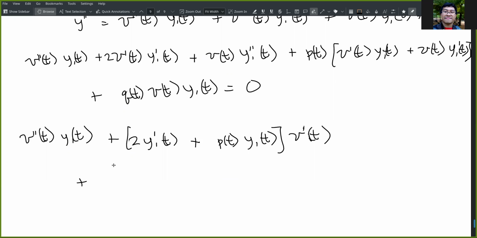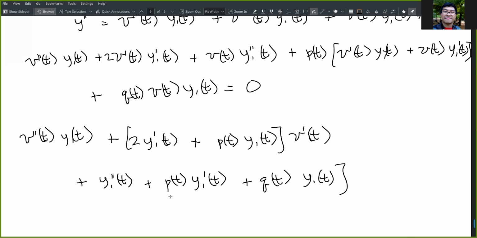So plus terms with just v t, you have this one, y1 double prime t plus p t y1 prime t, and this q t y1 t, times v t equals 0.